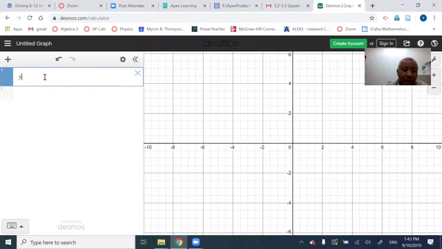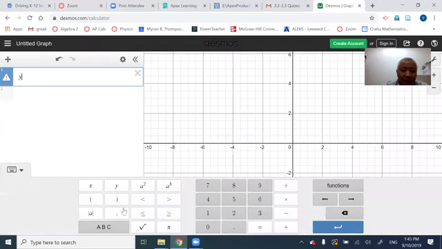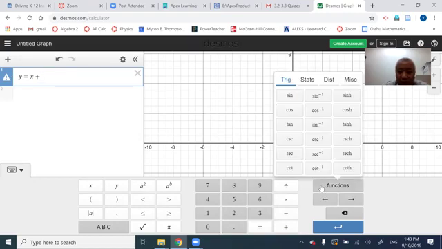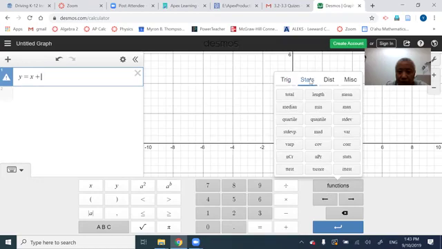We go y equals, let me just show you how to use it. Equals x, and plus, and plus square root. So we need a function now. Square root. What's that?